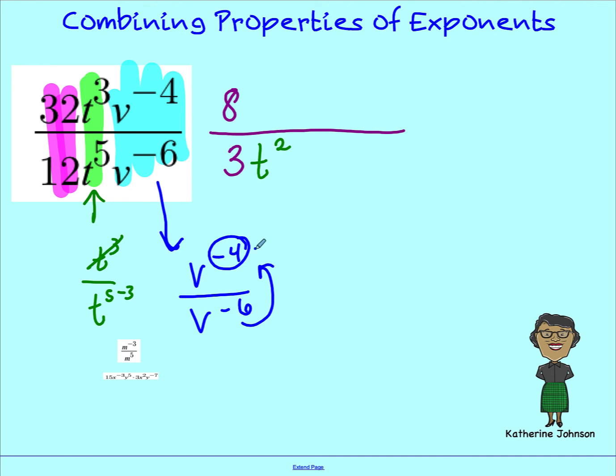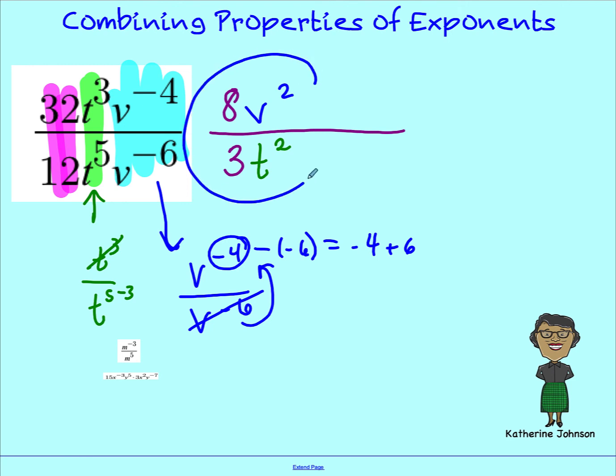So I'm going to go negative 4 minus negative 6. And remember, when you subtract a negative, it means add the opposite. So negative 4 plus 6 makes 2. So these go away, giving me positive 2 for the exponent of my v.